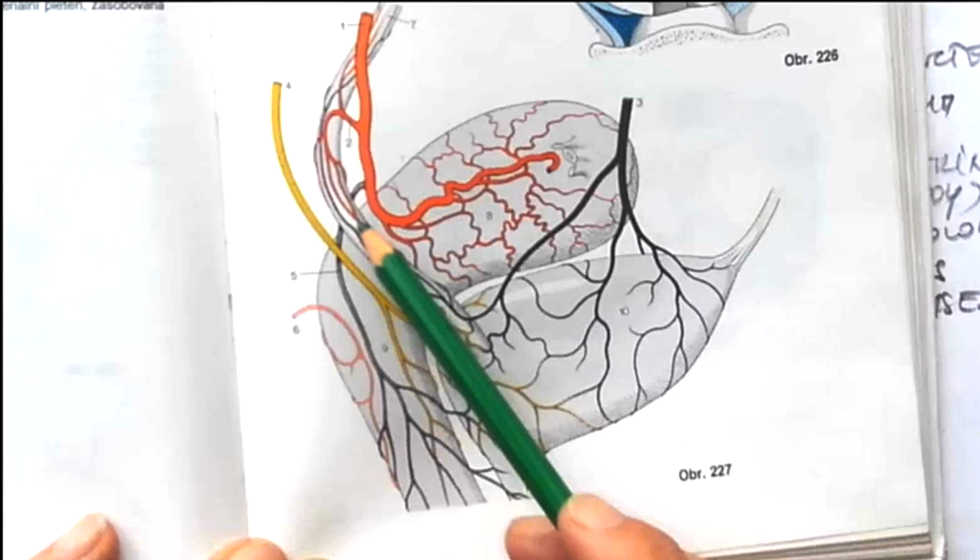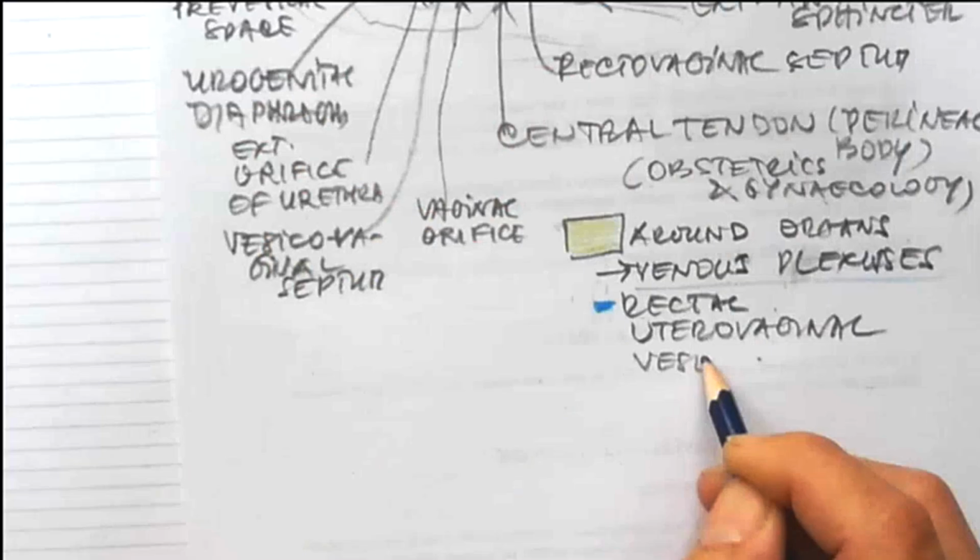This plexus is simply called the rectal plexus, right? Rectal plexus, first point. Then uterovaginal, next one, uterovaginal, vesicoprostatic in male, prostatic, or vesical in female. So like these three, they are the most important ones, and they are interconnected. This is one thing important, because this interconnection permits the spread of infection.